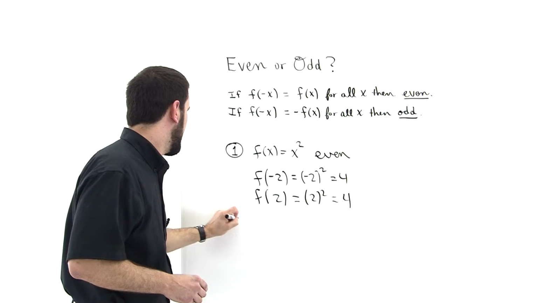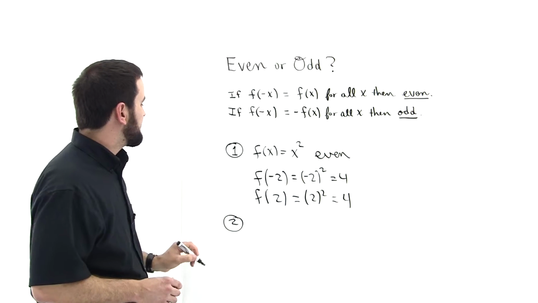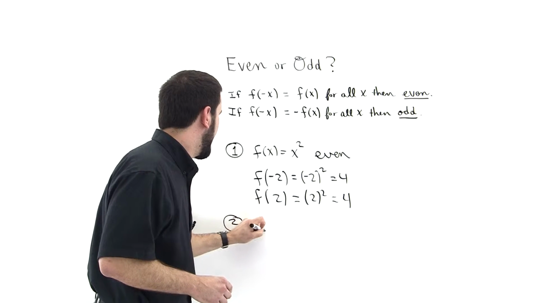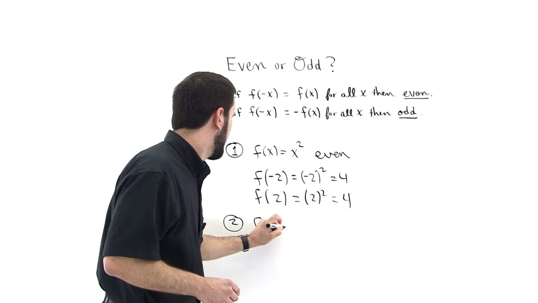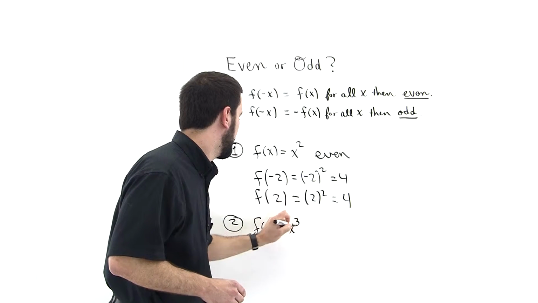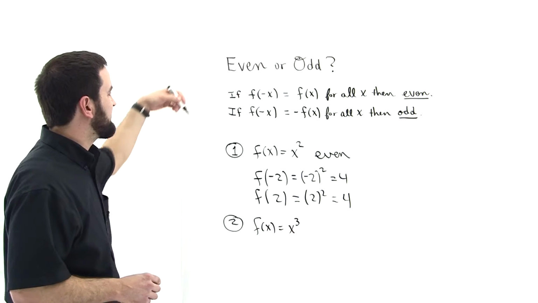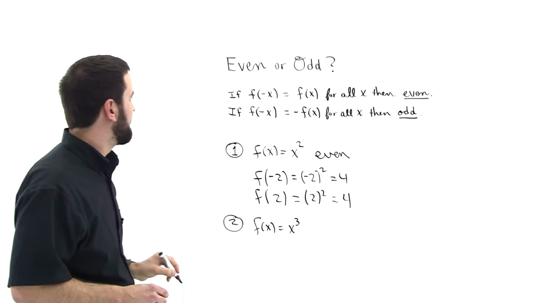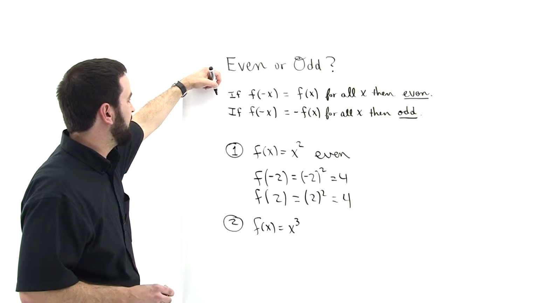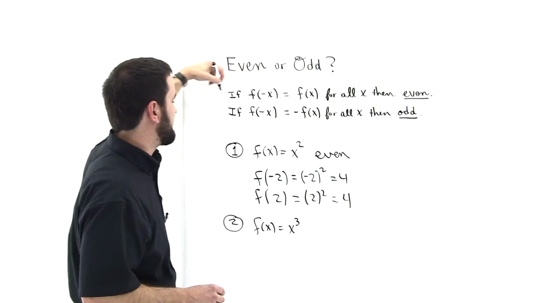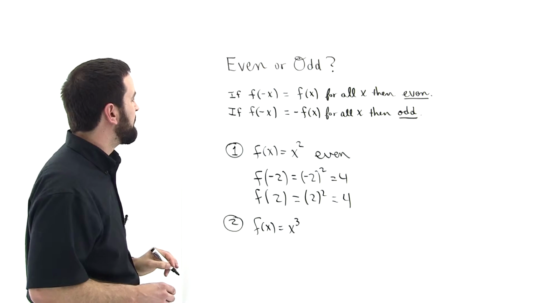So for the second part, let's try the function f of x is equal to x cubed. Let's first test the even, and then we'll test the odd. So starting here again, we're testing this line here. We're testing to see if this thing is even.